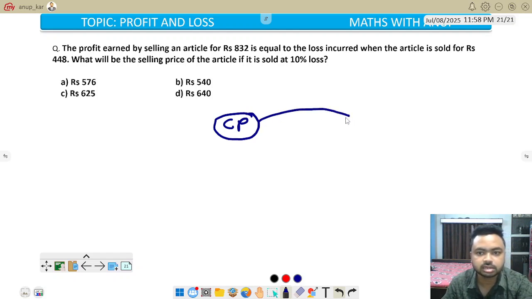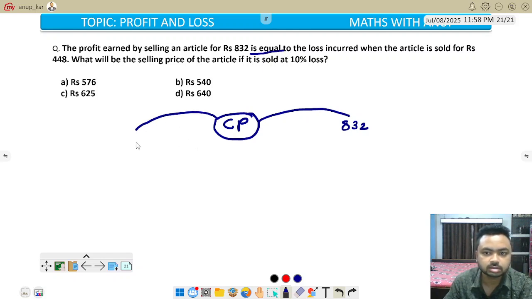The profit earned by selling an article for 832 is equal to the loss incurred by selling it for 448, which means the ratio is 1:1.